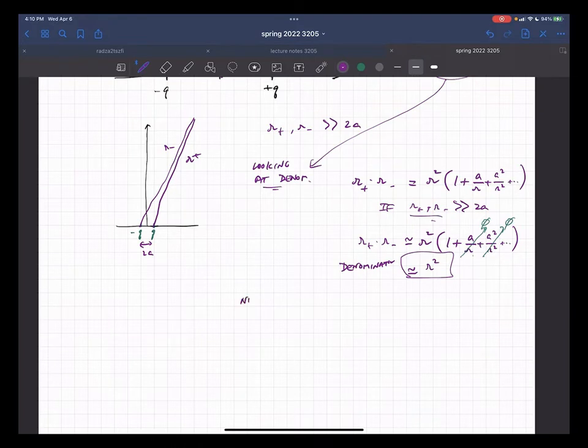In the numerator, we have r minus minus r plus.